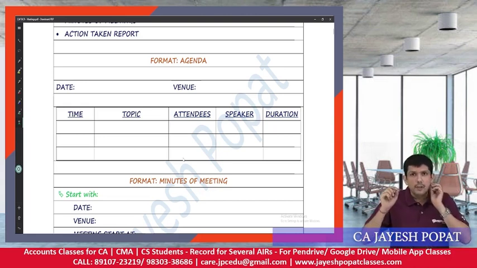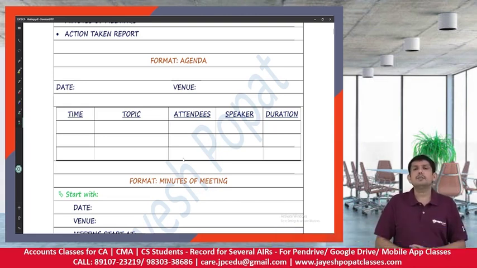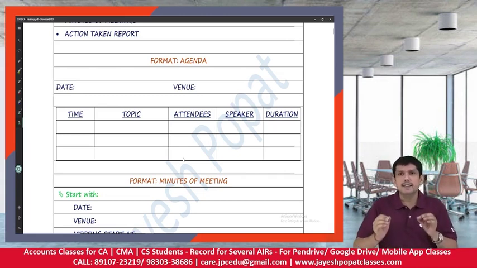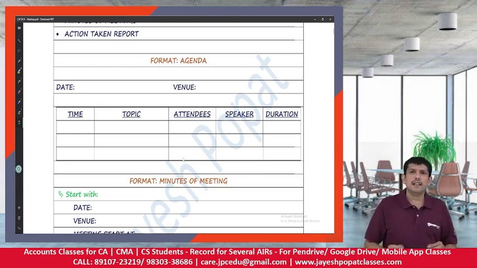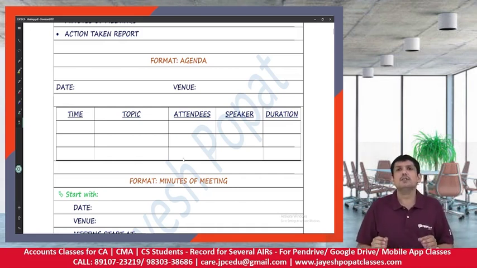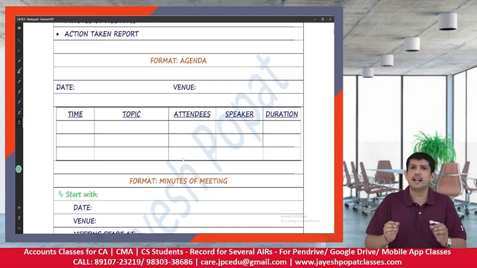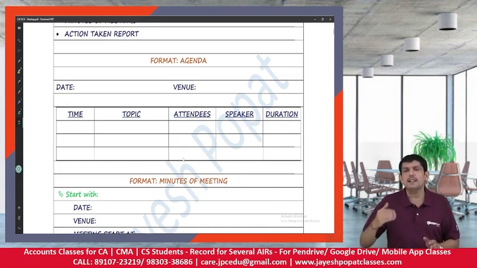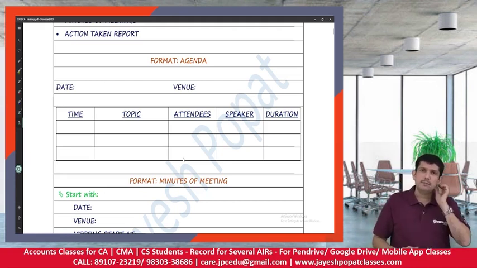And one of the most important parts of the notice is the agenda. Basically, the agenda is the list of things. Listen to this very carefully. The agenda is the list of things which are to be taken up and discussed at the meeting. Why is the agenda important, and why is it required to be sent before the meeting?